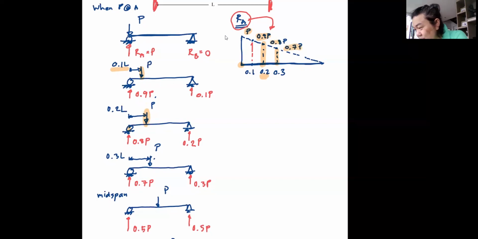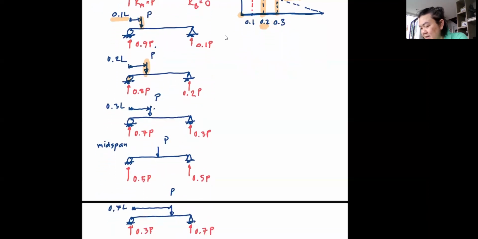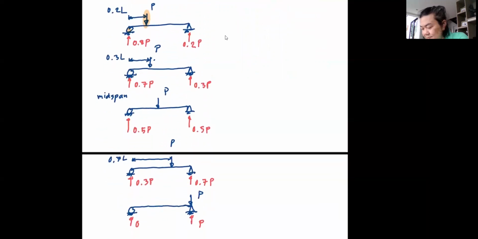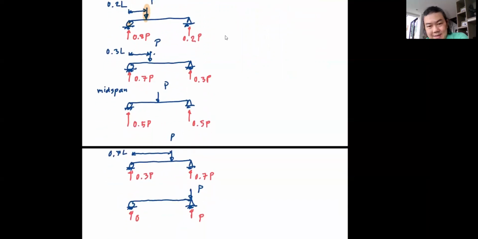Okay, it's a little bit off, so let me clarify that. 0.9 is here, 0.8 is there, and then 0.7, and so on and so forth. Until I reach midspan, I get 0.5. And then when my load reaches the hinge at the opposite end, I have the reaction at A equal to 0.